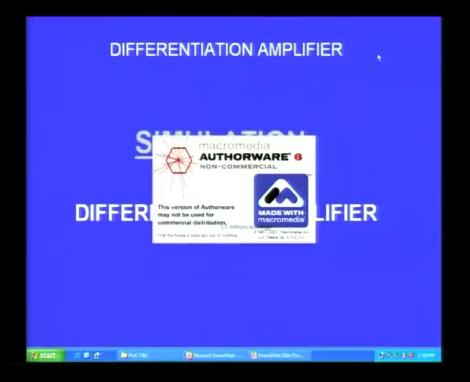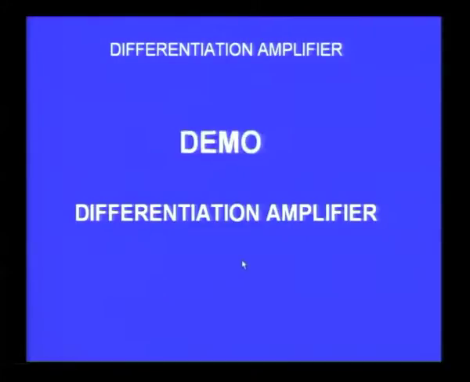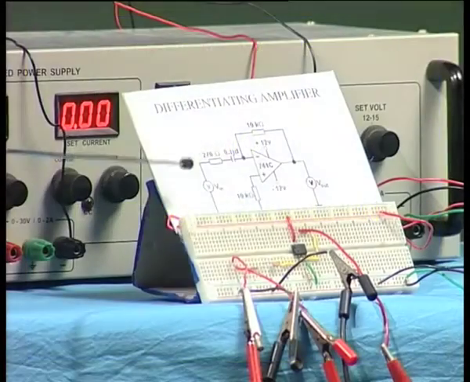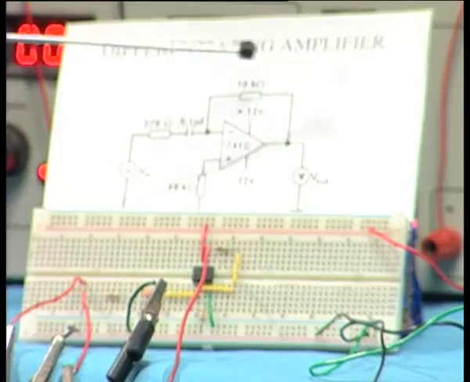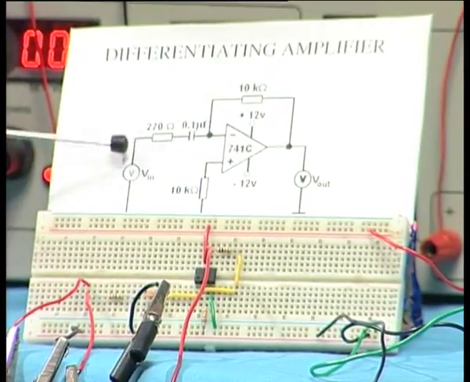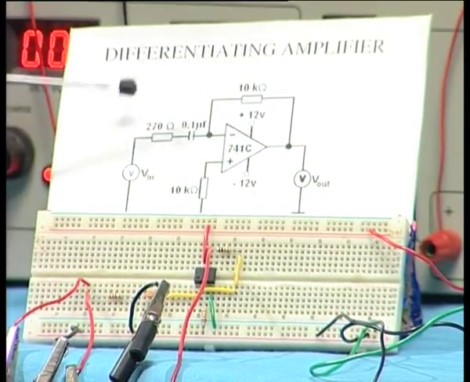Now, we will also try an actual demo of the circuit. Here I have the differentiating circuit. It is exactly the same as what I discussed already.